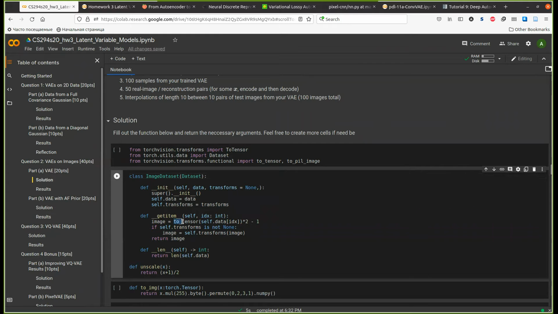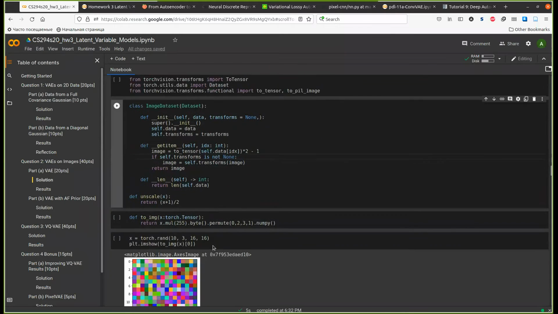That is why I'm using this toTensor function to convert the images with pixel values from 0 to 255 into float values in the range from 0 to 1, and then we scale it to be between -1 and 1, right?